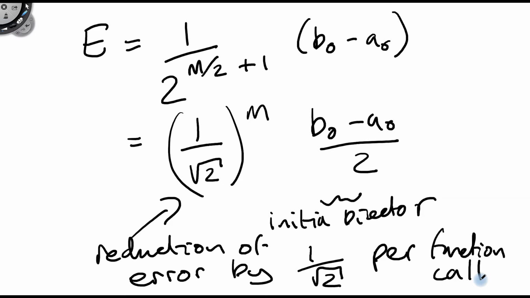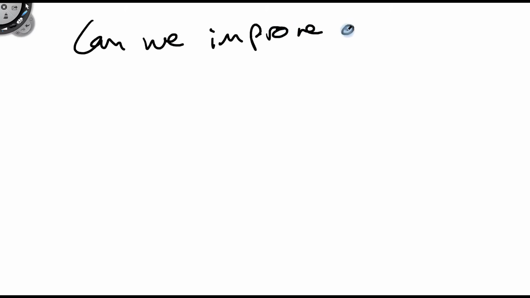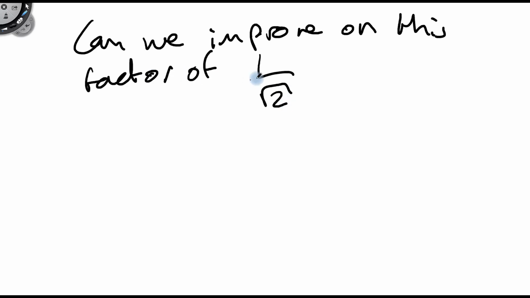But we have this result now that we have this factor of 1 over root 2. So basically, can we improve on this factor of 1 over root 2 that decreases the error? And the answer is yes. The method is called the golden section search.